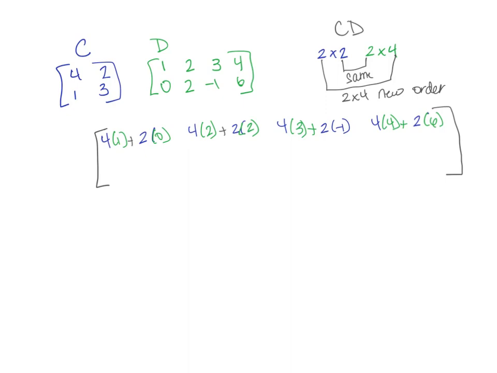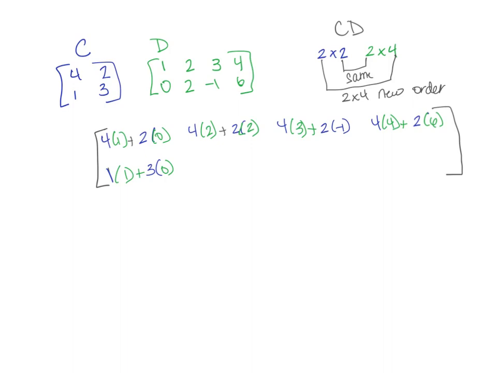All right, so I am now done with my first row, so now I need to figure out my second row. Same process, but now I'm looking at my second row and my first column. So my first entry is going to be 1 times 1 plus 3 times 0.